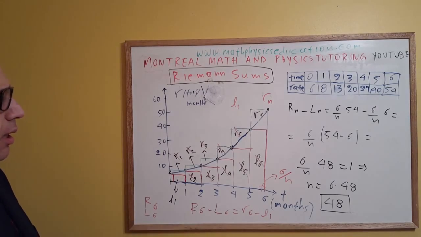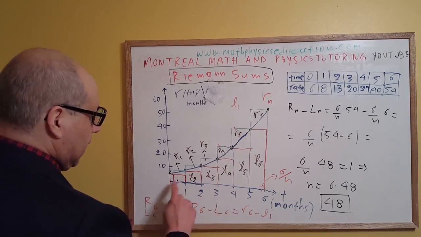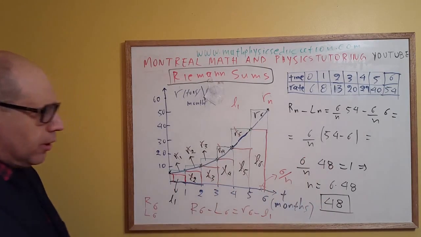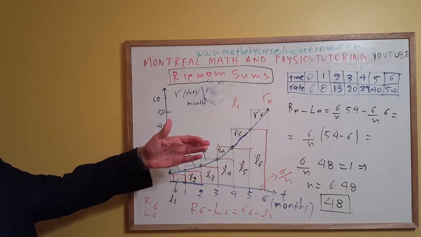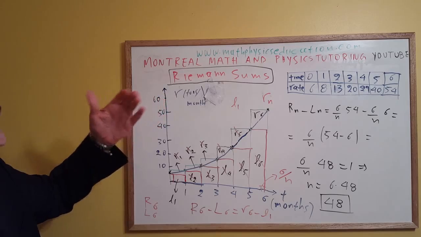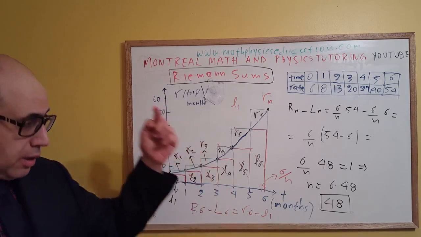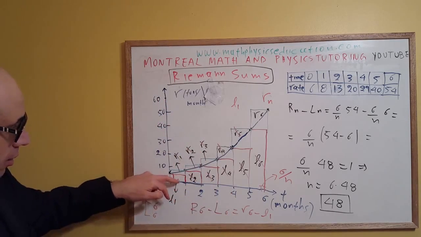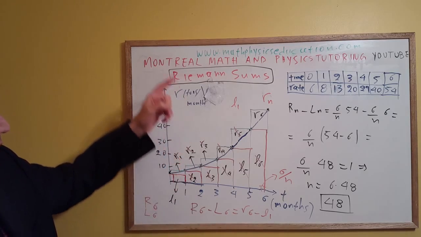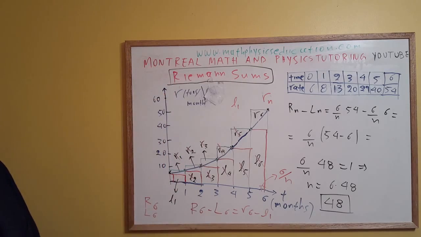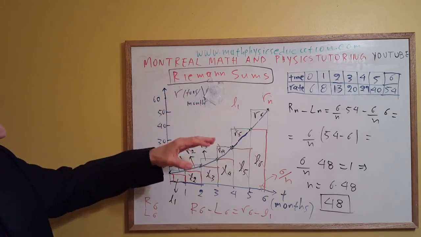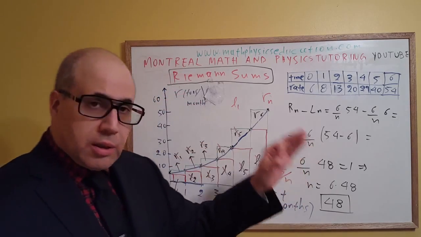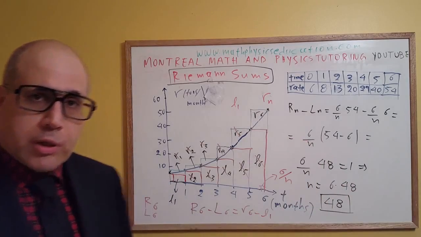Since we have 6 months, that means we have to take measurements 48 times per month in order for the difference of the overestimate over the underestimate to be exactly equal with 1 ton.